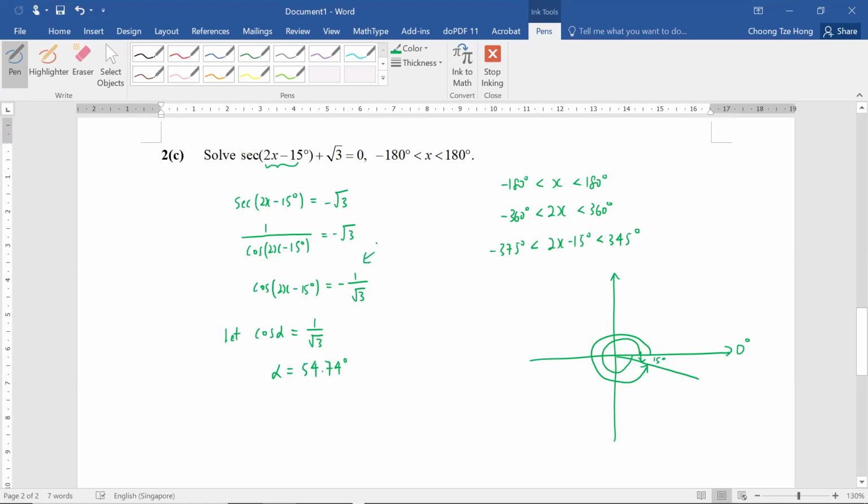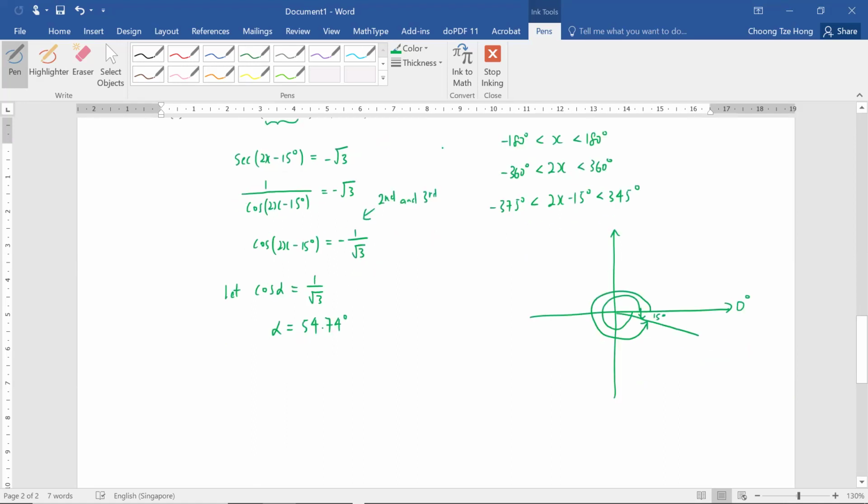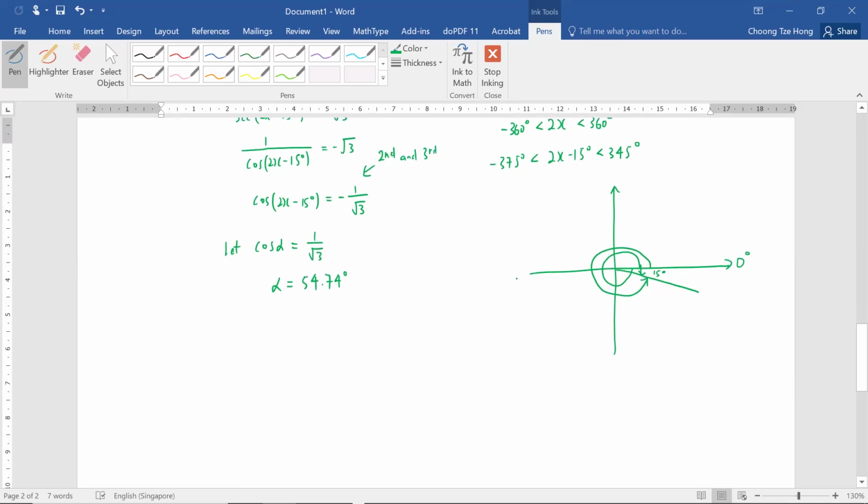Now cosine over here is negative. If cosine is negative, then we want to search the second and third quadrants. Let us examine the negative angles first. The basic angle is always the same, so we are searching S and T. Let's search the second quadrant first.